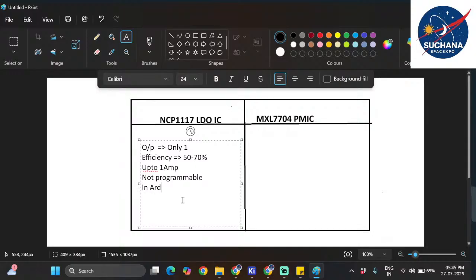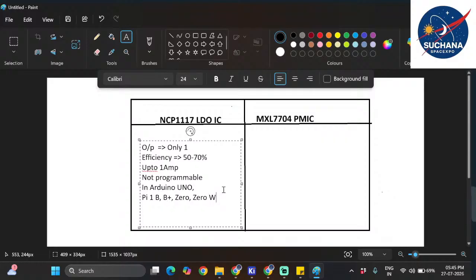In Arduino Uno R3, maybe in Arduino Uno you can find it, as well as in a few Raspberry modules, like Pi 1, Pi 1B, B plus, and you can find it in Pi 0 and 0W.